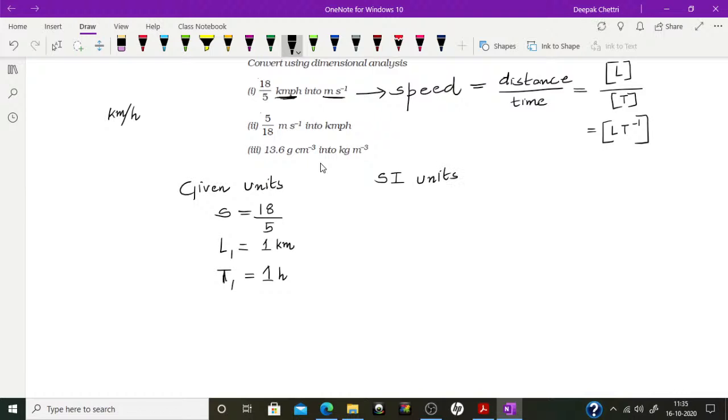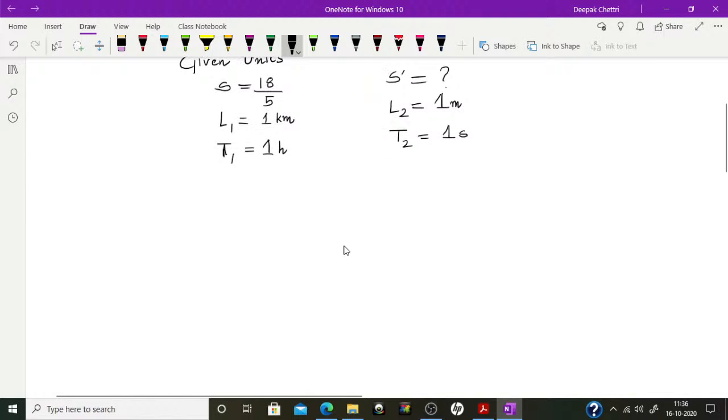Let us call that S dash, the one that we will find out now. We don't know, so let me write a question mark for that. So L2, what is the smallest unit of length? Meter, right? Look at the units, 1 meter. T2 is 1 second. Okay, I hope it's clear so far. If you have any doubt anywhere, just write in the comment box.